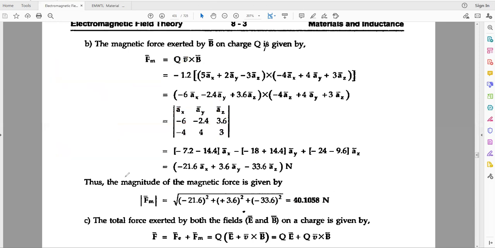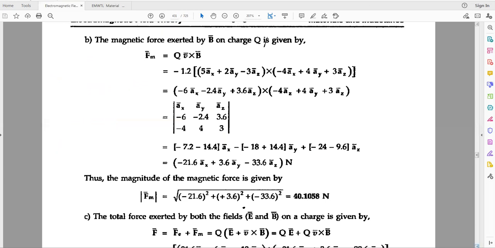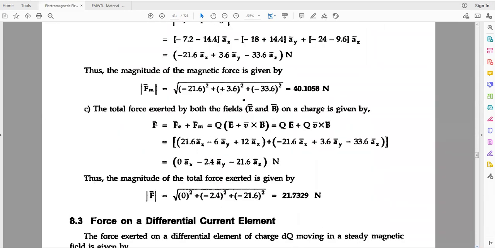And the third one they're asking is the total force exerted by both fields, the electric and the magnetic field. What is the magnitude of the force F bar? F bar is equal to Fe bar plus Fm bar. So what is the formula we have? Fe bar is equal to Q into the electric field E bar, and Fm bar is equal to Q into V bar cross B bar.